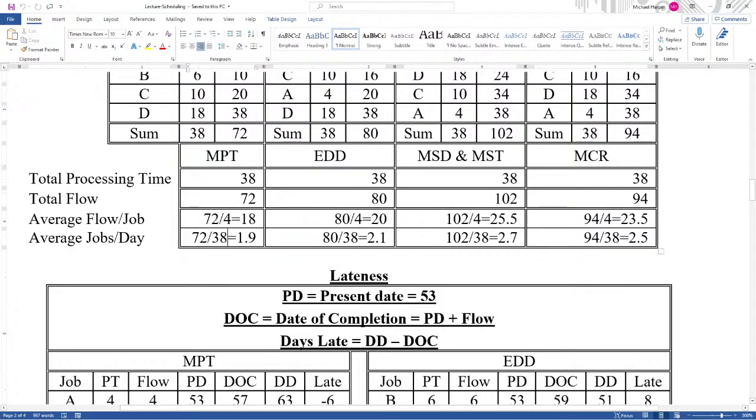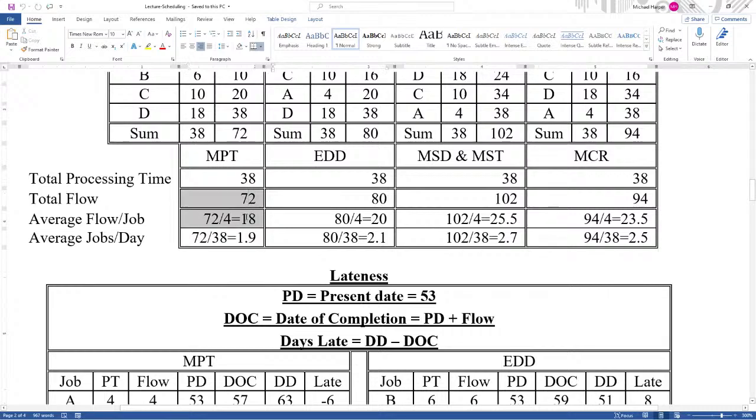So here's two diagnostics, actually three diagnostics, which are dependent on flow. And that's why flow is so important, because a lot of times the average flow per job or the average jobs per day, that is used in describing, in analyzing a schedule, and sometimes in managing a schedule.